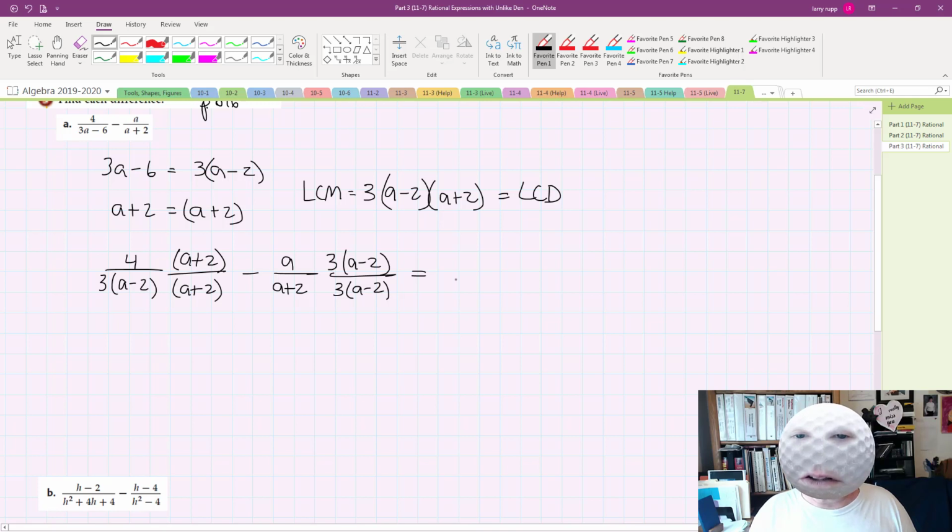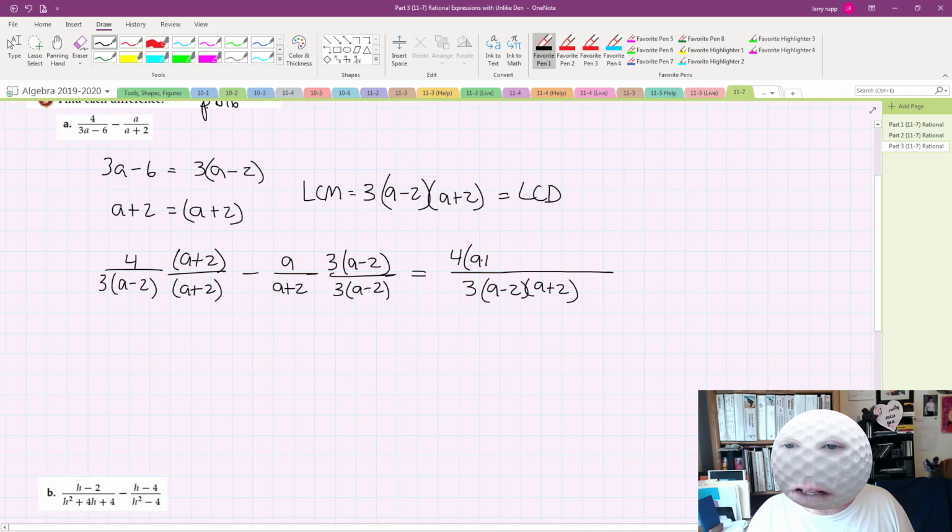So let's kind of run all this together then. We'll put this all over its common denominator, which is 3 times a minus 2 times a plus 2. This first part here, we have a 4. And how about I just rewrite that, because it may be not so clear to see. Minus.